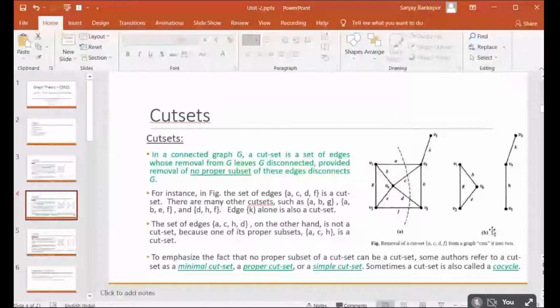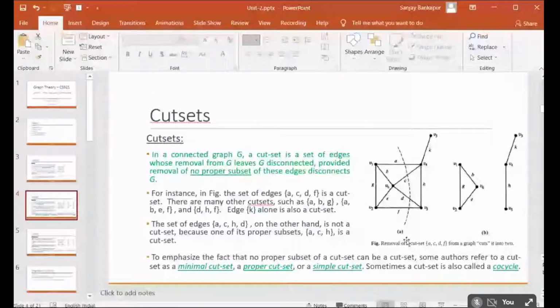Those are the other names. So a cut set is defined as, in a given connected graph G, a set of edges whose removal from G leaves G disconnected, provided that set is a minimal cut set.